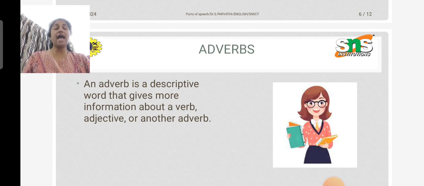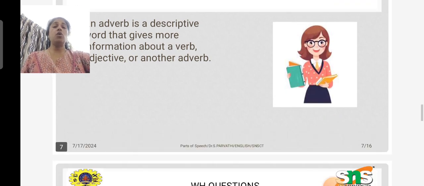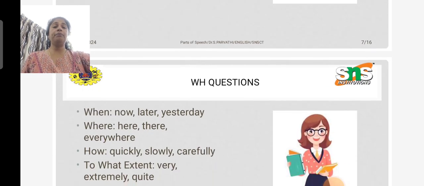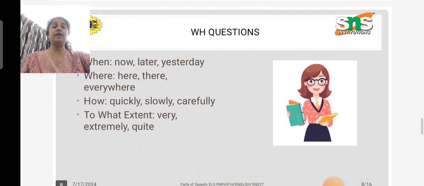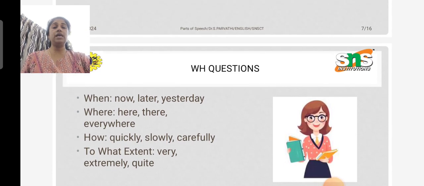This is called an adverb. In adverbs, you can see WH questions like when, where. You're giving more explanation to the verb. When is she coming? She's coming tomorrow. She already came, right? Otherwise she'll come later. I'll talk to you later. I need the guys to meet me now.